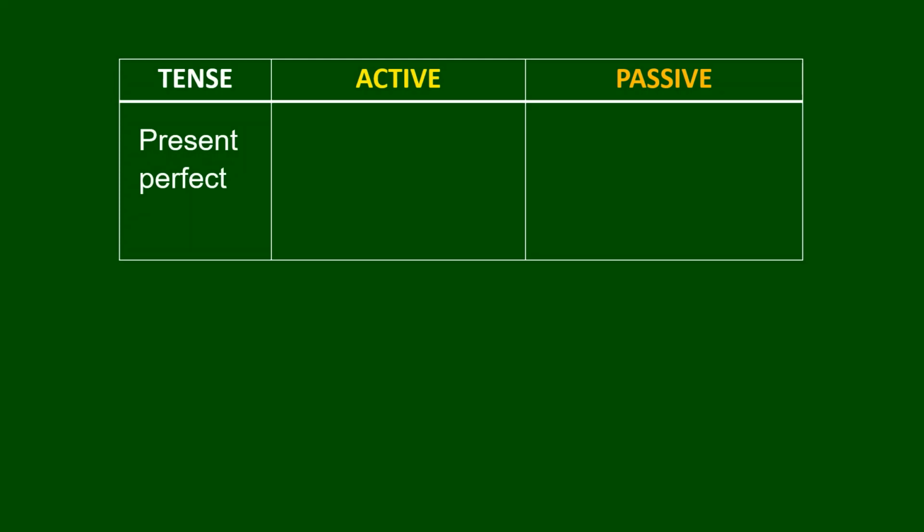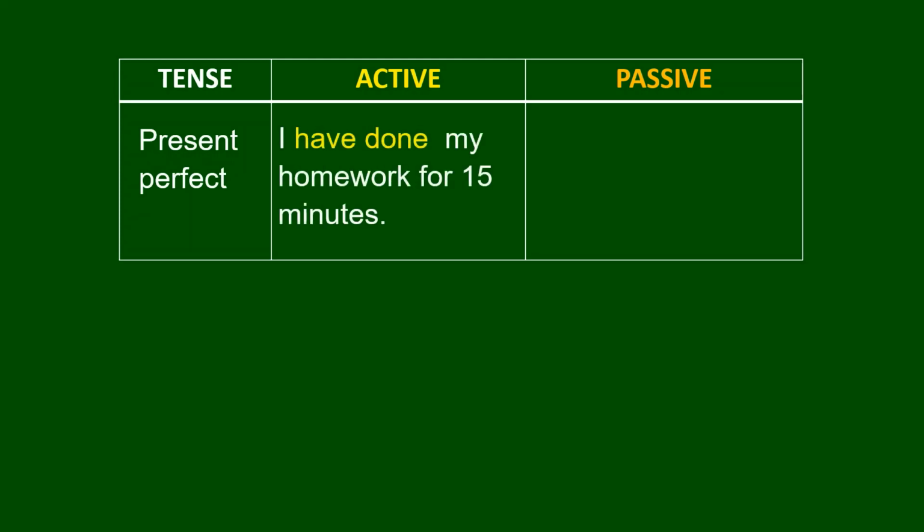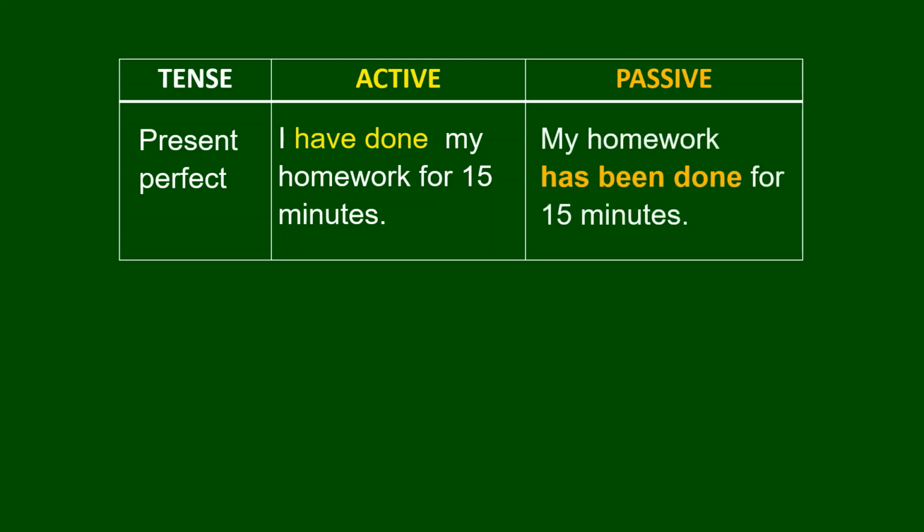Look at the example here. I have done my homework for 15 minutes. So you can see "have done" here is the present perfect. You need to add "be" in the passive form. So when "be" follows "have," you have to use "been." And the answer is: my homework has been done for 15 minutes.